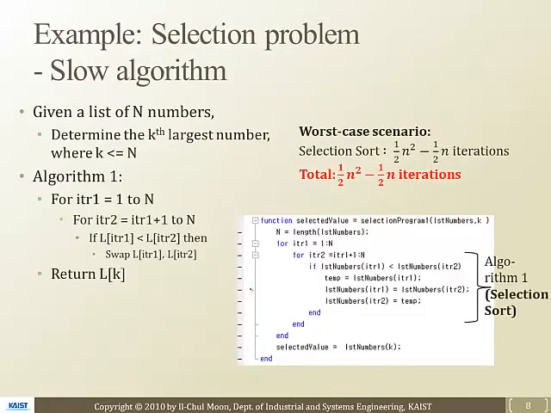Okay, turning our example analysis a little bit more practical, we are going to introduce a slightly different problem called the selection problem. It's really different from the sorting problem. Given a list of n numbers, I want to find the k largest numbers.